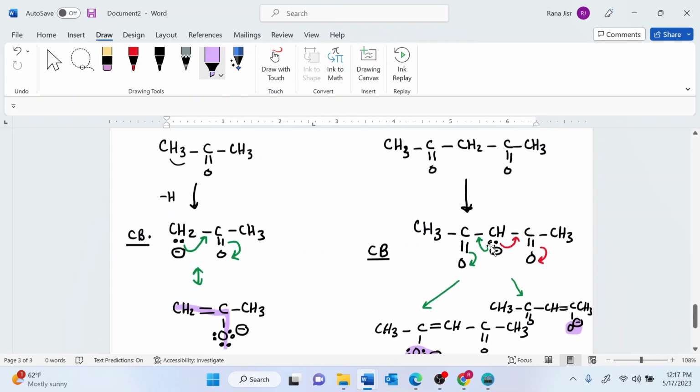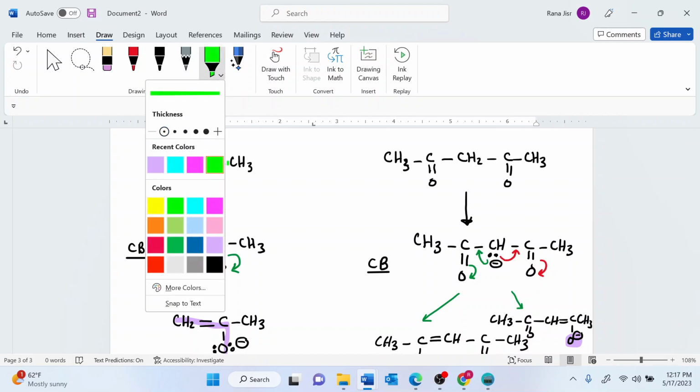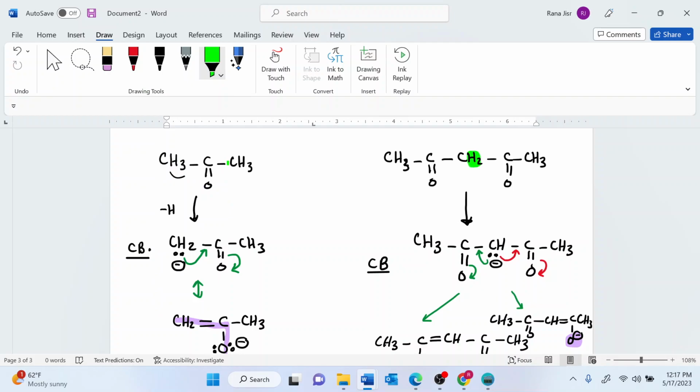And if your conjugate base is stable, then the hydrogen is going to be way more acidic. This is why, if I am comparing a hydrogen that is between two carbonyls and a hydrogen that is next to one carbonyl, the hydrogen that is between two carbonyls is going to be the most acidic.